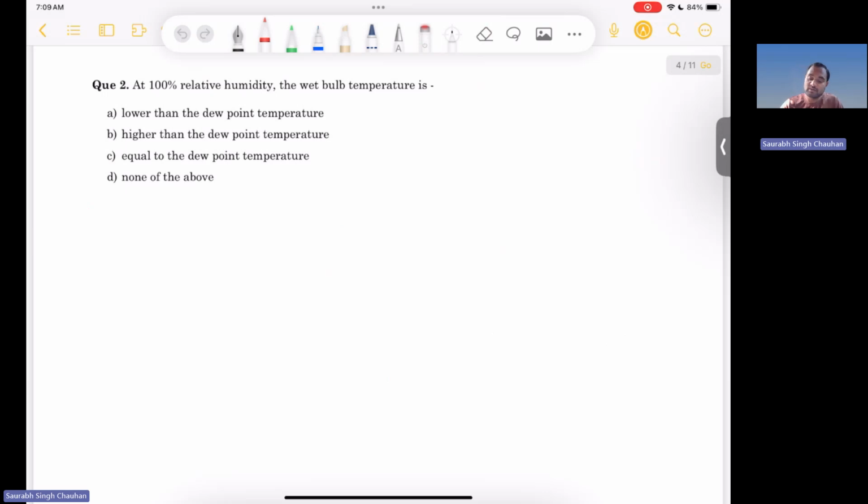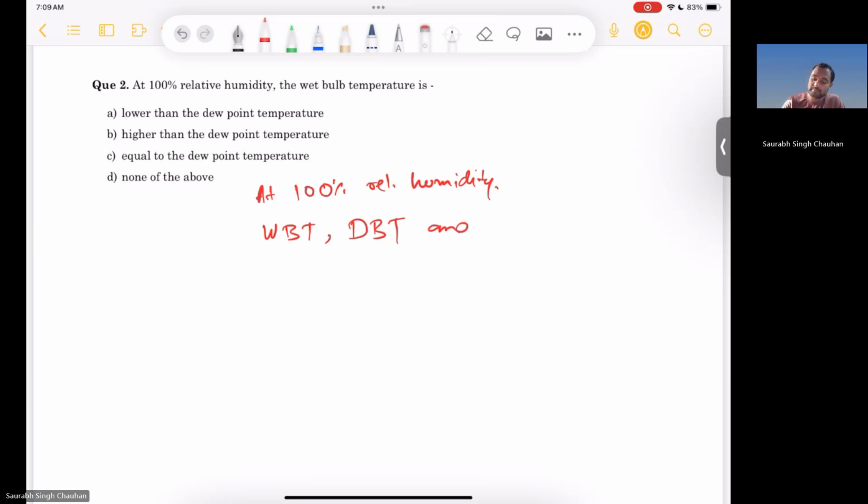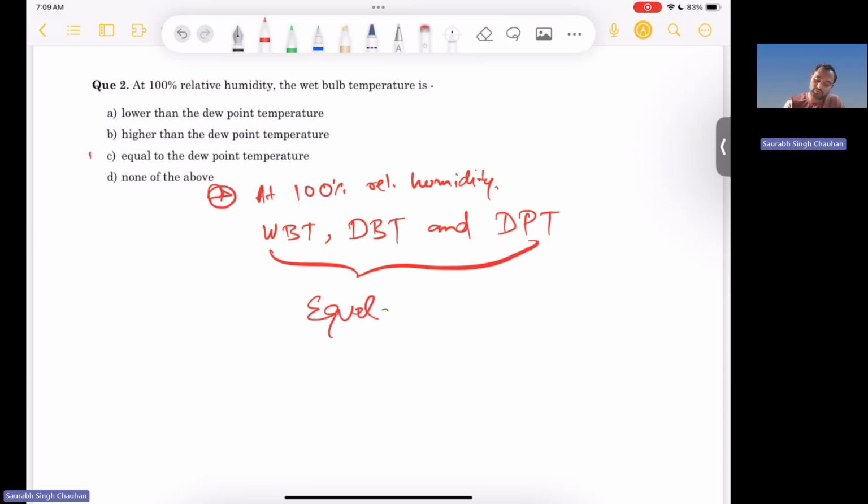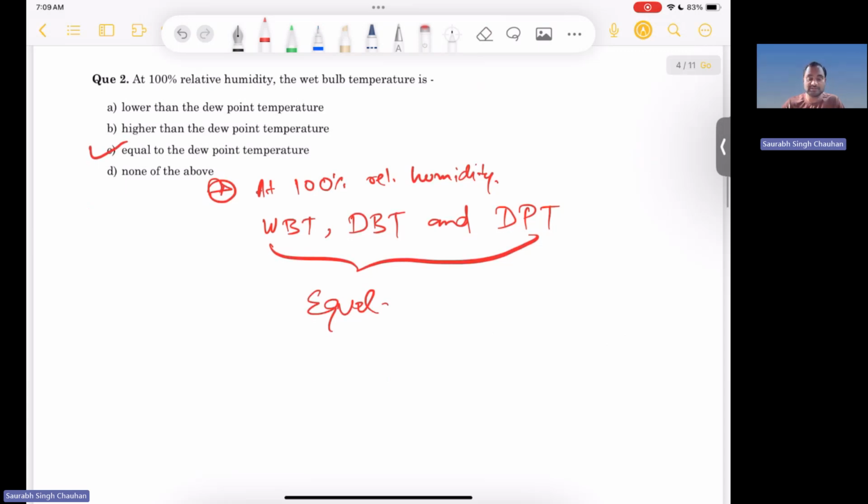Okay, so basically what I mean is, at 100% relative humidity, wet bulb temperature, dry bulb temperature, and dew point temperature all are equal. Okay, so option C should be the correct option in this case. Other options are not correct.